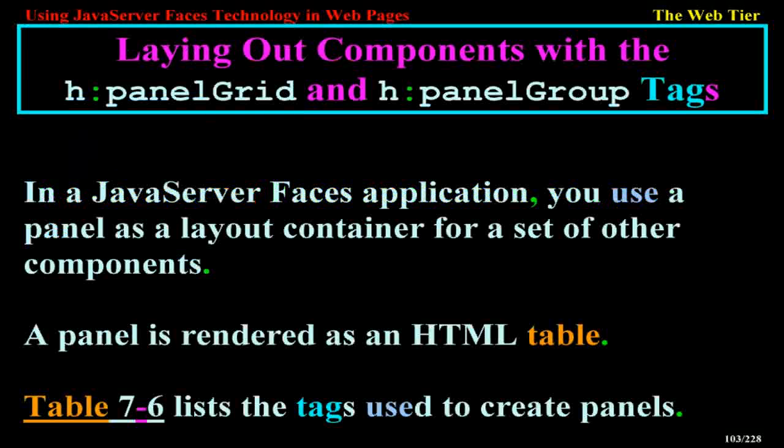Laying out components with the h:panelGrid and h:panelGroup tags. In a JavaServer Faces application, you use a panel as a layout container for a set of other components. A panel is rendered as an HTML table. Table 7-6 lists the tags used to create panels.